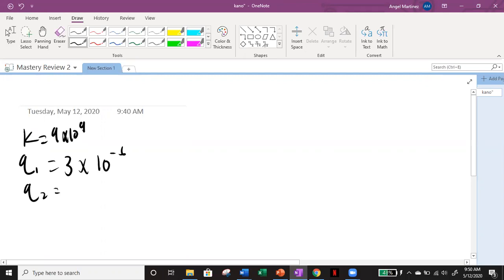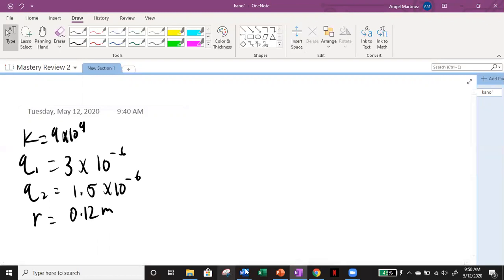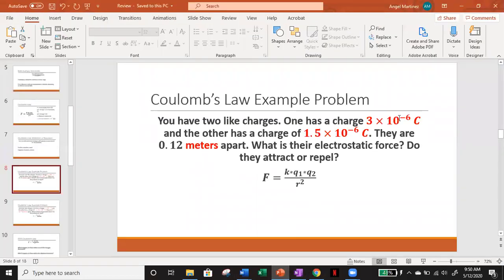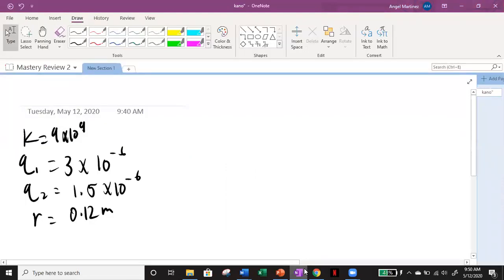Q2, the other charge, was 1.5 times 10 to the negative 6. And R, the distance, was 0.12 meters. Let's just make sure: 3 times 10 to the negative 6 is one charge, 1.5 times 10 to the negative 6 is another charge. They're 0.12 meters apart, and K is always going to be the same number.